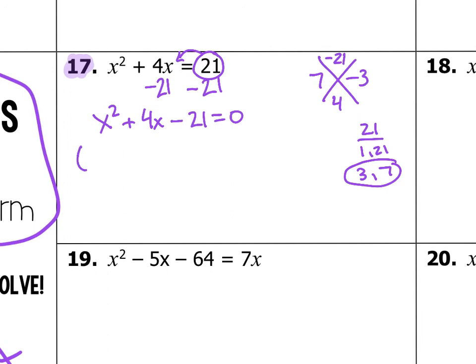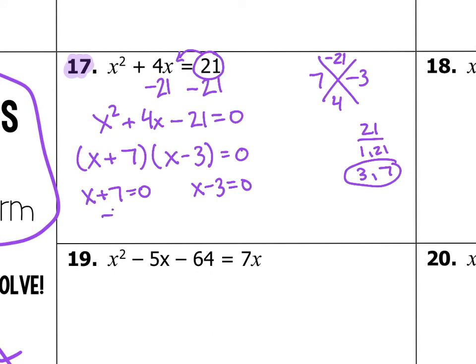So I'm going to write this in factored form. My variable is x. So x plus 7, because 7 is positive, times x minus 3 equals 0. Now that it's factored, we need to write each of our factors and set them equal to 0, so that way we can actually solve. So x plus 7 equals 0, and x minus 3 equals 0.